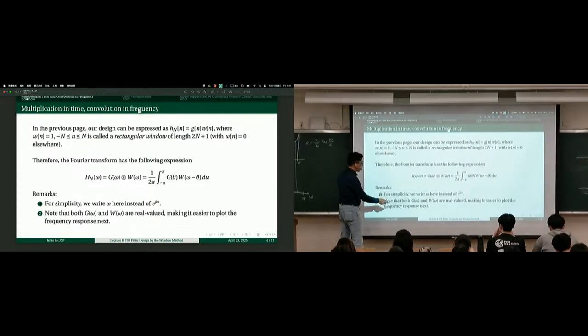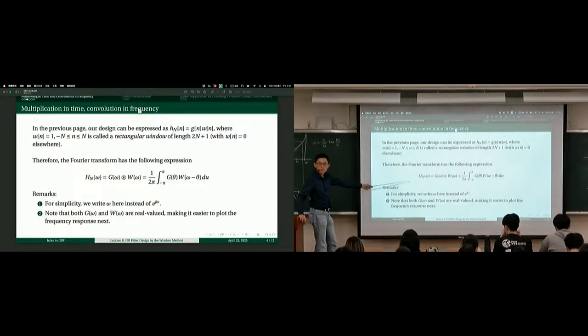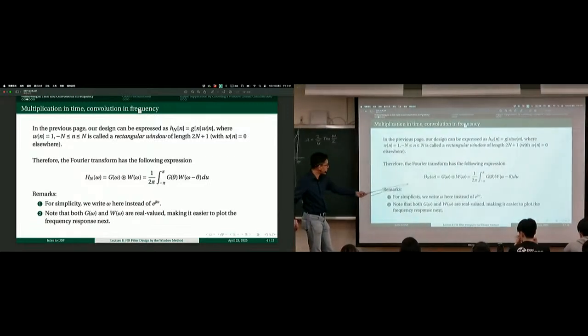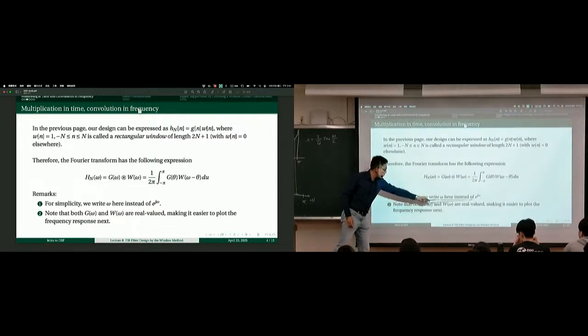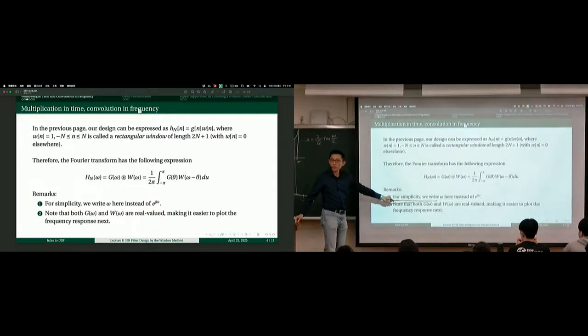And here are a few remarks about our notation. First of all, instead of e to the j omega, we simply write omega to emphasize that this is a function of small omega. You can imagine that this simplifies our notation quite a lot. So that's my first remark.